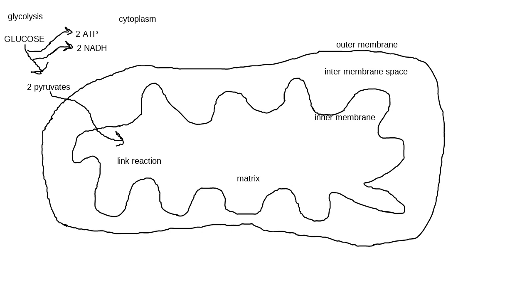And in the link reaction, you're going to take off another carbon. So remember, pyruvates have 3 carbons each. And what happens here is one of them is lost and becomes a first carbon dioxide. So your first carbon dioxide gets made and you lose a carbon.